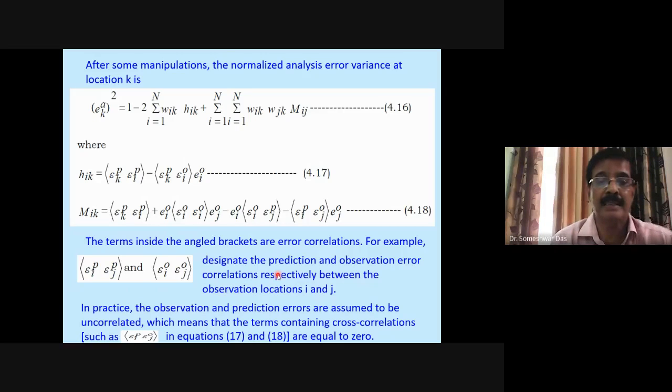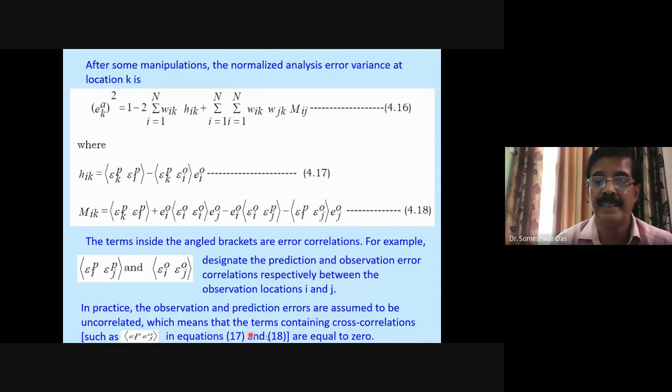In practice, the observation and prediction errors are assumed to be uncorrelated. This is again a very important assumption here. We are assuming that the errors between prediction and observations are not correlated.